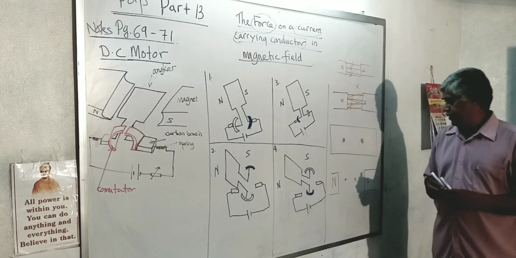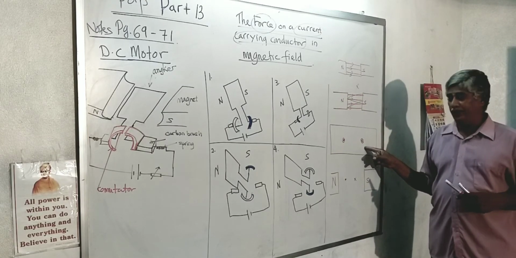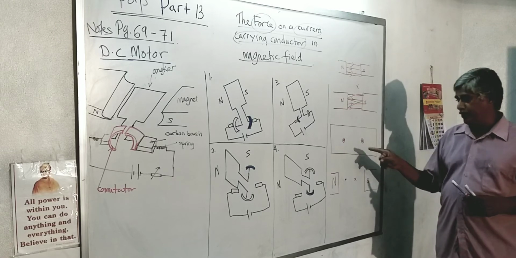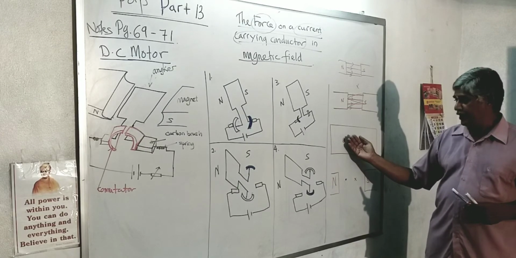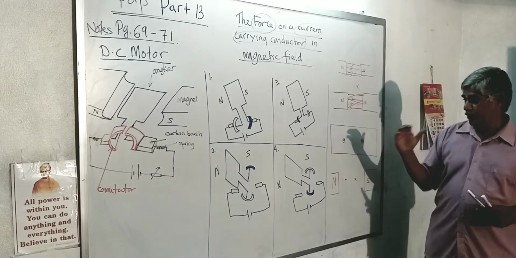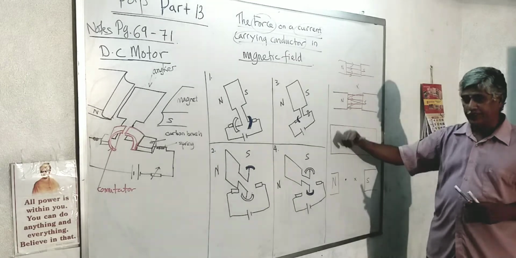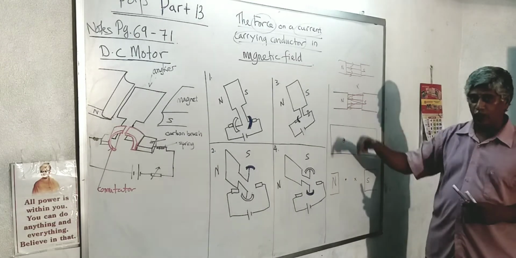After that, the second diagram, they ask you to draw the magnetic field around a current carrying conductor. Here we already learned, a dot means the current is coming out of the board. So if it is out, you use the right hand grip rule, which says if it is out, it is anti-clockwise.